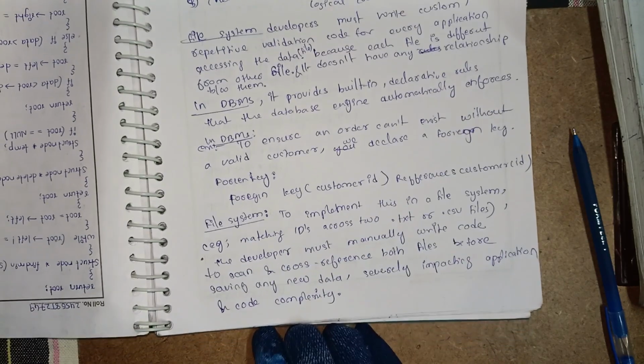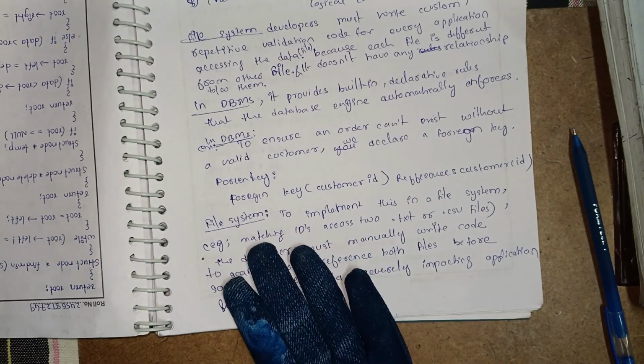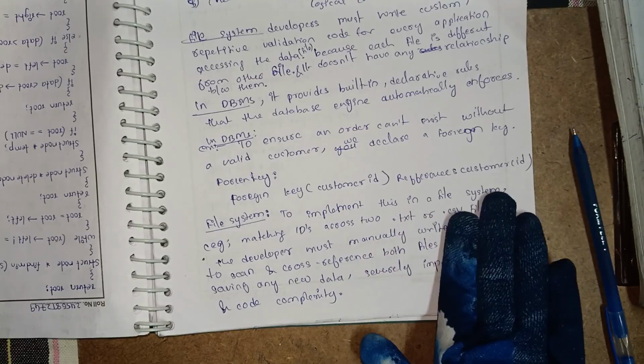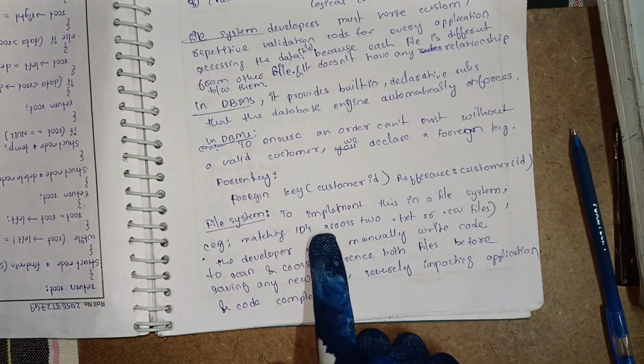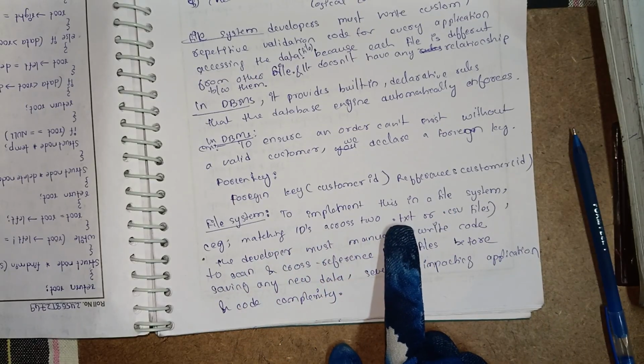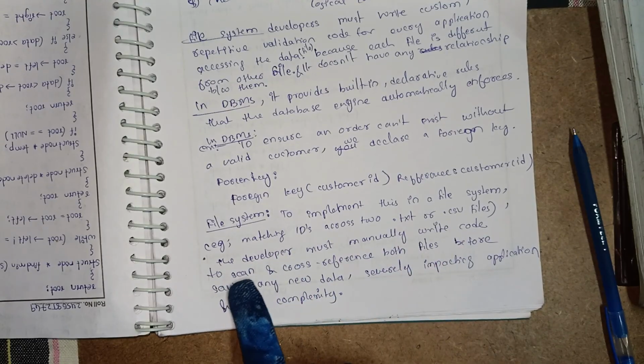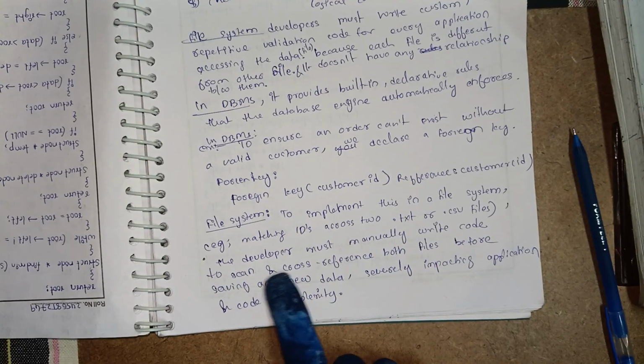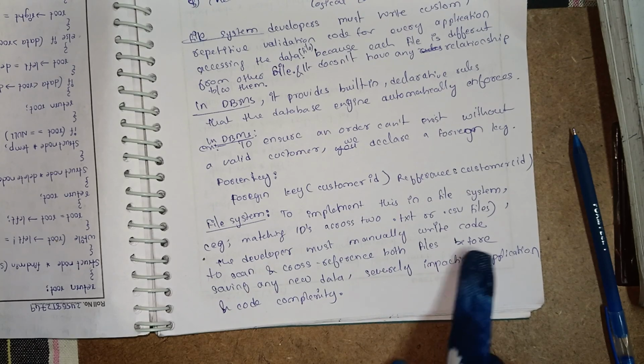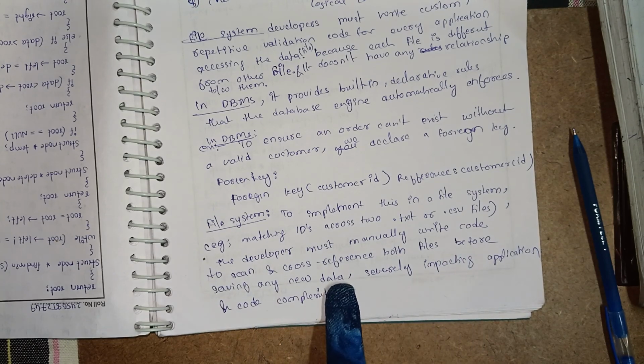And in the file system, to implement this, matching IDs across two .txt files, the developer must manually write code to scan and cross reference both files before saving any new data.